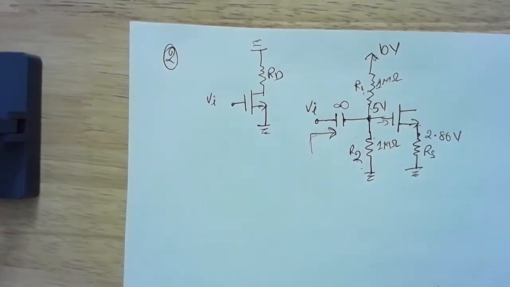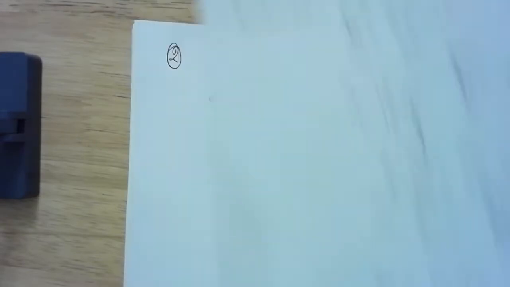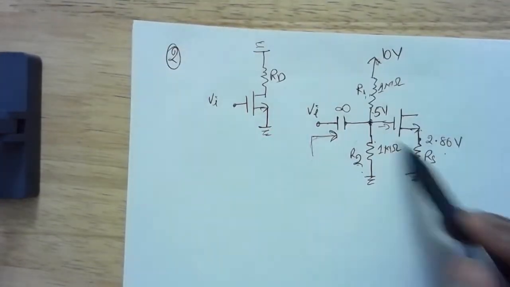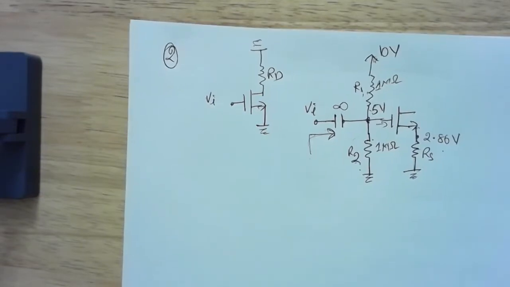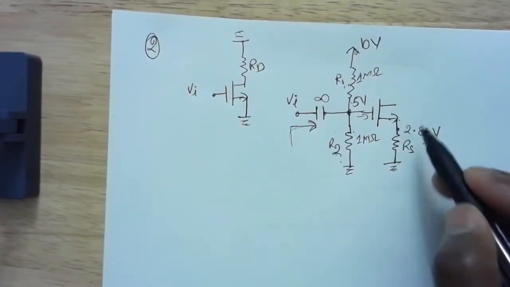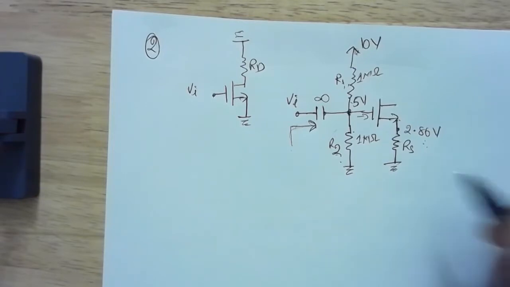Okay, so since I want VGS to be 2.14, 5 minus 2.86 will be 2.14, right? So if I make this 2.86, then my VGS is 2.14, which is what I want.